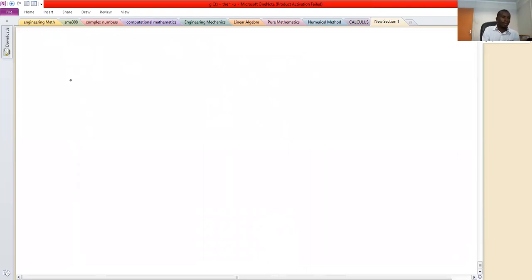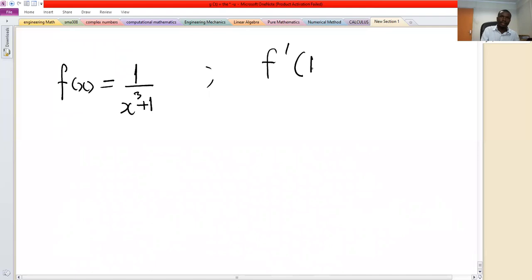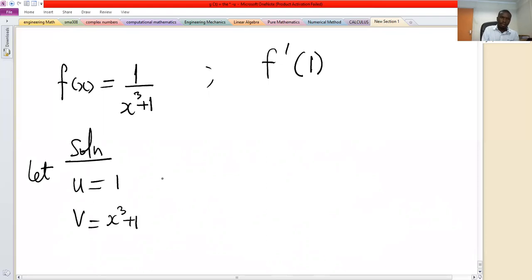And then the next problem: if f of x is given by 1 over (x cubed plus 1), evaluate the derivative when x is 1. So, solution: let u be 1 and v be x cubed plus 1. Which means u prime is 0 and v prime is 3x squared.